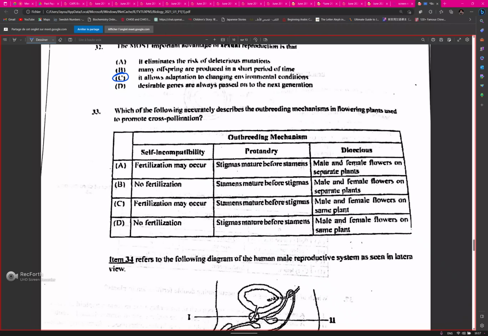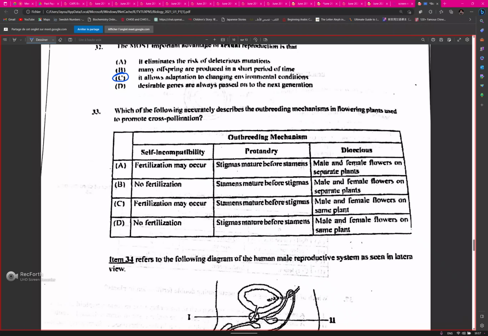Okay. So why not B? Because yeah, it allows the production of many offspring, sure, but that's not necessarily the most important thing, because sexually reproducing organisms also create a lot of offspring. Fish create thousands of offspring through sexual reproduction.